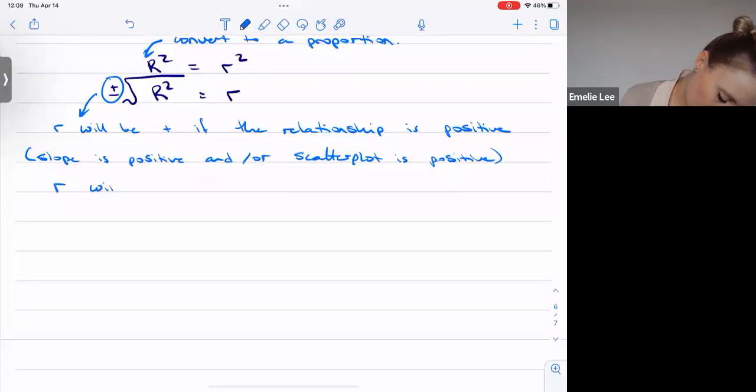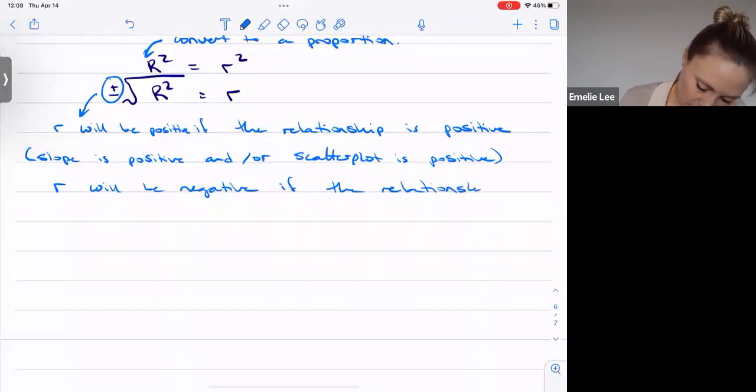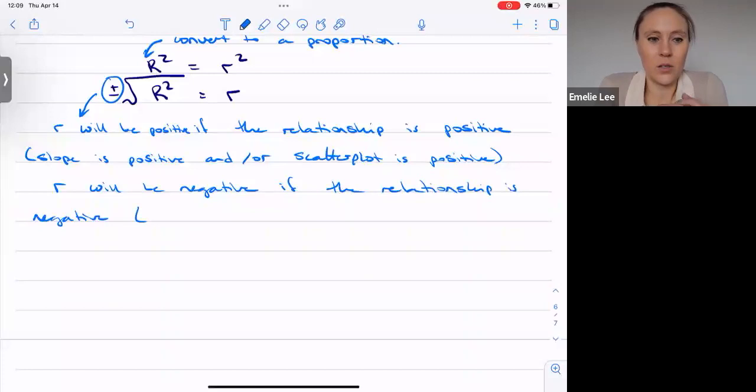Whereas R will be negative if the relationship is negative, of course. Negative slope, or the scatter plot is negative.